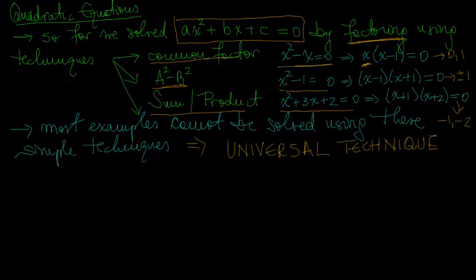However, these are only some very simple examples, and the vast majority of quadratic equations cannot be solved using these three simple factoring techniques. So we are in desperate need for a universal technique, one technique that applies to all quadratic equations.